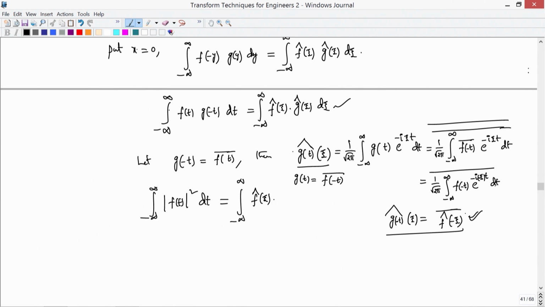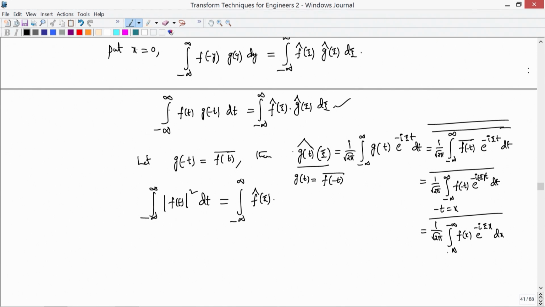And then you do the change of variable here. So here if you try to do the change of variable, t equal to minus t equal to x, if you do again, what you get is bar of 1 by root 2 pi, minus infinity that becomes plus infinity to minus infinity f of x e power minus i xi x dx is minus dx.